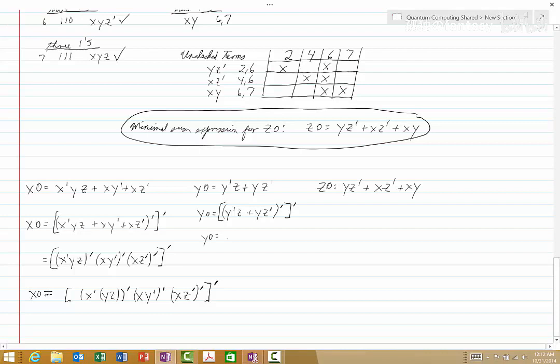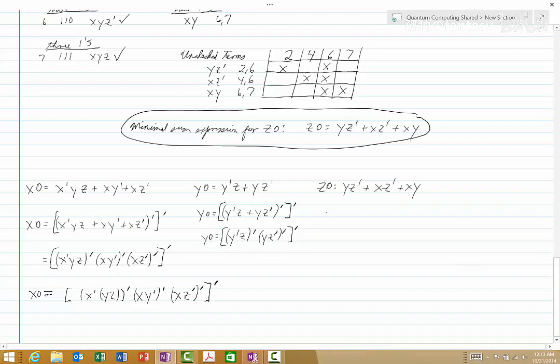And so this is (y prime z) prime, (y z prime) prime, and then that is primed, and we're all in good shape there now already, because this is a 2-input NAND, and here's a 2-input NAND, and then once we get those two results, then another 2-input NAND of those two results will give us Y0.